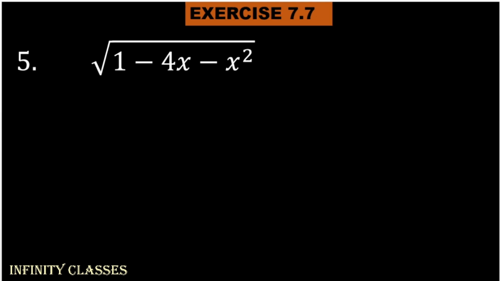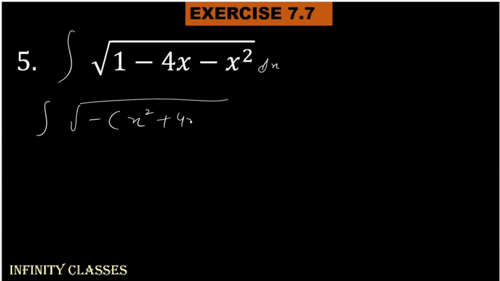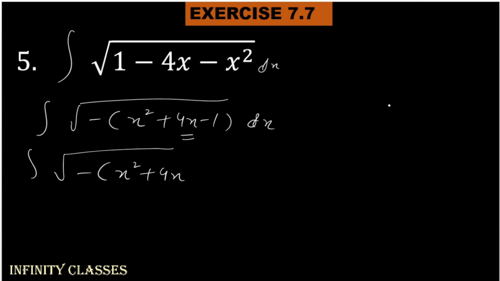Now this one, first we'll convert this into standard form. To convert this into standard form, we will apply the completing the square method. So take minus common, so x square plus 4x minus 1 dx. Now as we know, integration of minus x square plus 4x, the coefficient of x is 4.